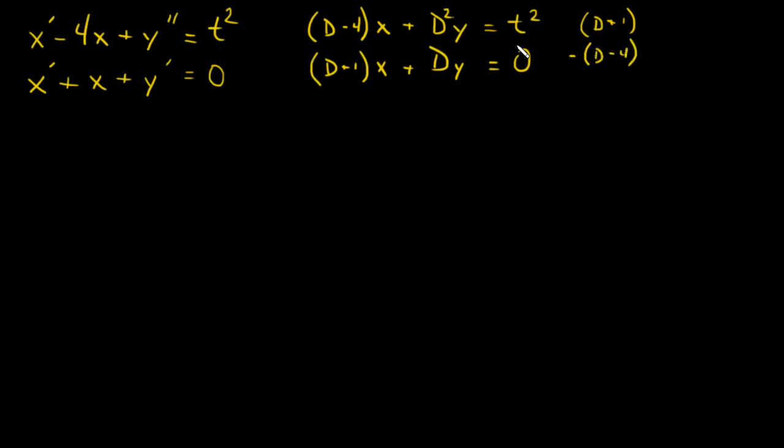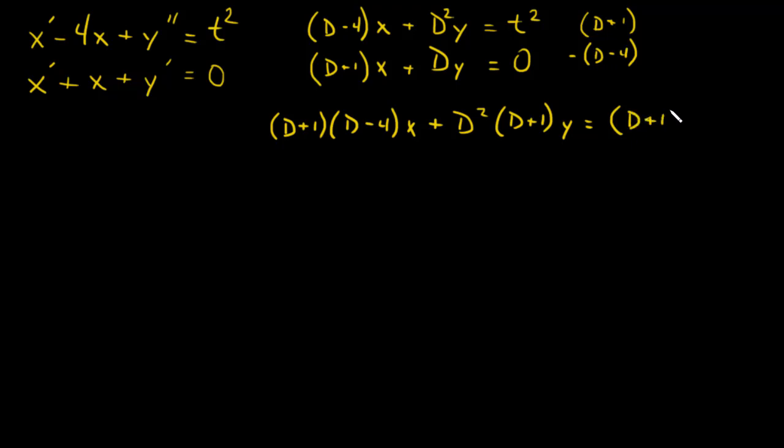So if I do that, up top I'll have D plus 1 times D minus 4 x plus D squared times D plus 1 y equals D plus 1 times t squared. Yep, we have to multiply our non-homogeneous part as well.